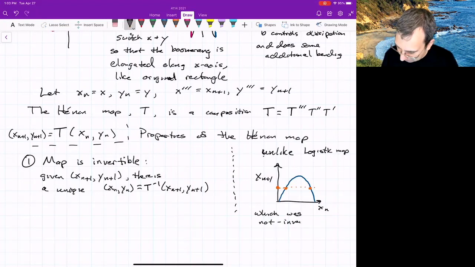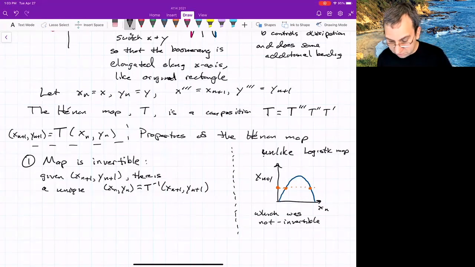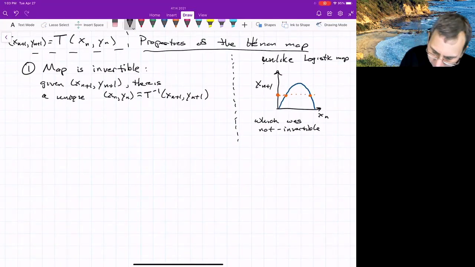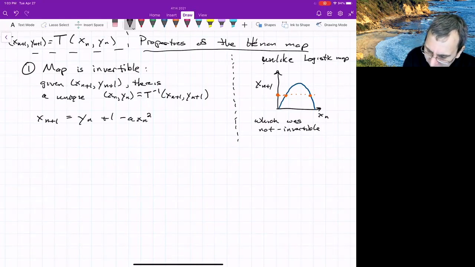So this was not invertible. There's not a unique inverse. The Hénon map does have a unique inverse. We could even calculate it if we so chose. So based on what the map is, xn plus 1 equals, it's just so easy to write down. The best things sometimes are really simple. Well, the first things that are studied are sometimes really simple.